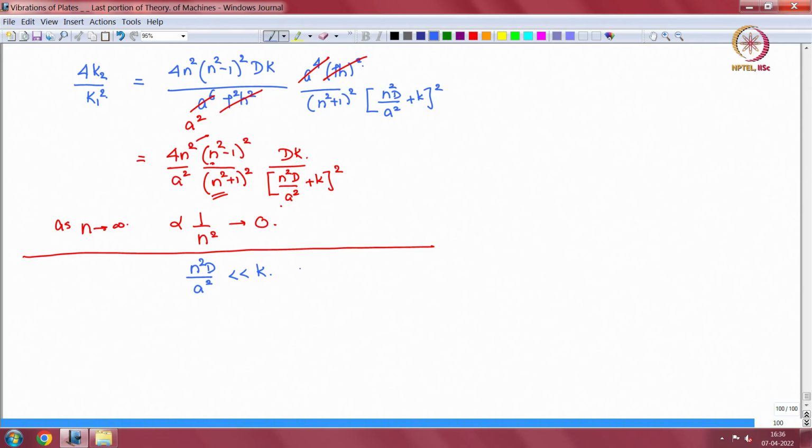So last class I said, in this expression over here, suppose n square d by a square is very small, much smaller than k, which can happen for small n values. That means n equal to 0 and 1 maybe and 2 maybe.